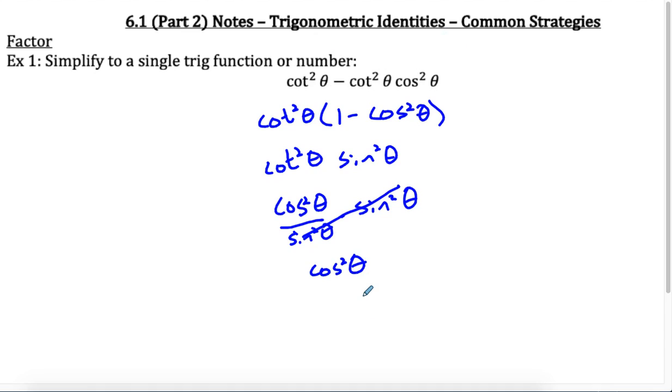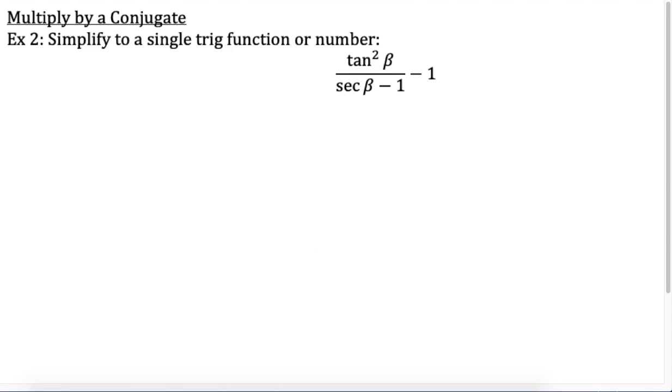All right. The next strategy that we want to take a look at is to multiply by a conjugate. Whenever we have a denominator like this, where it's a trig function plus or minus 1 usually, I multiply by the conjugate.